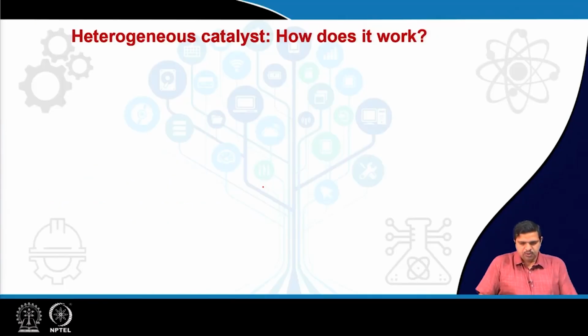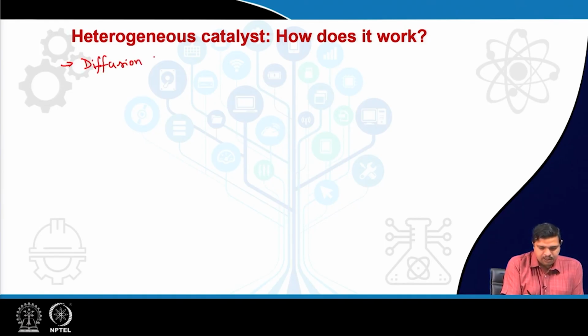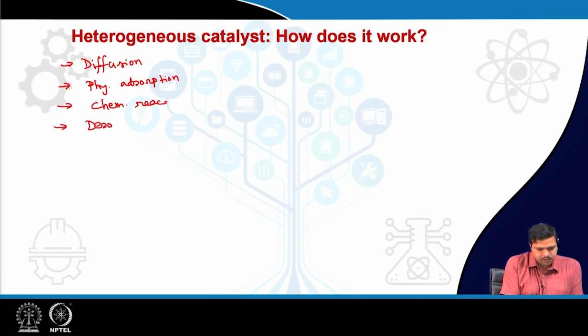Okay. So, if you recall, in the last class we discussed the important steps: diffusion, because as we discussed, it is a surface phenomenon, then physical adsorption, and then the chemical reaction, and then the last step is the desorption.